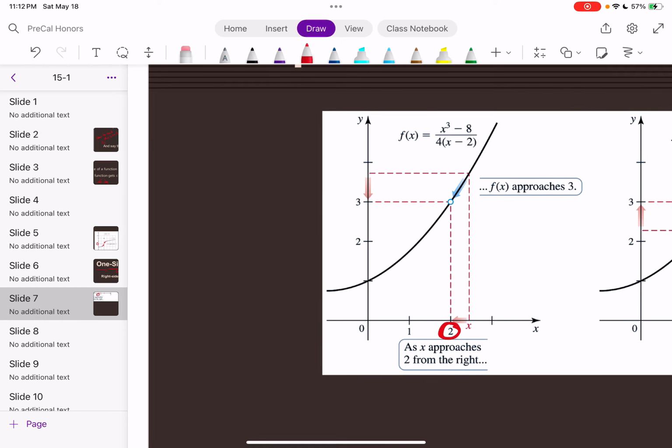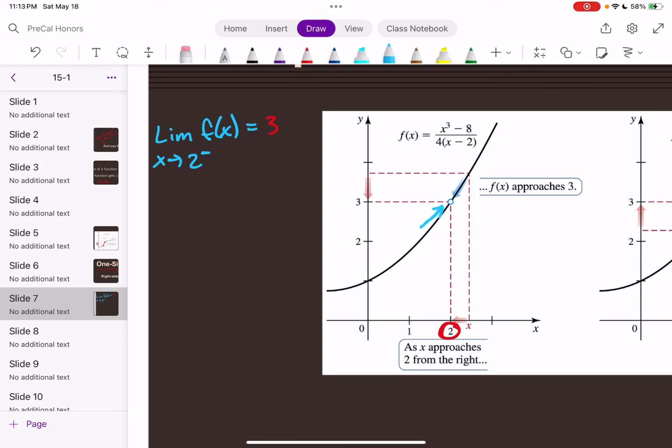So we would describe that as the limit of f of x as x approaches 2 from the negative side is equal to, we're going to take a look at the right number. So we are approaching from this left side, and we are getting closer and closer to the number 3. And that right there would be our answer.